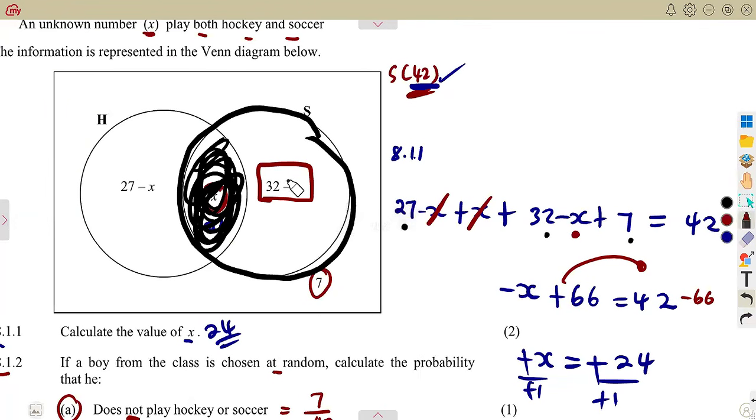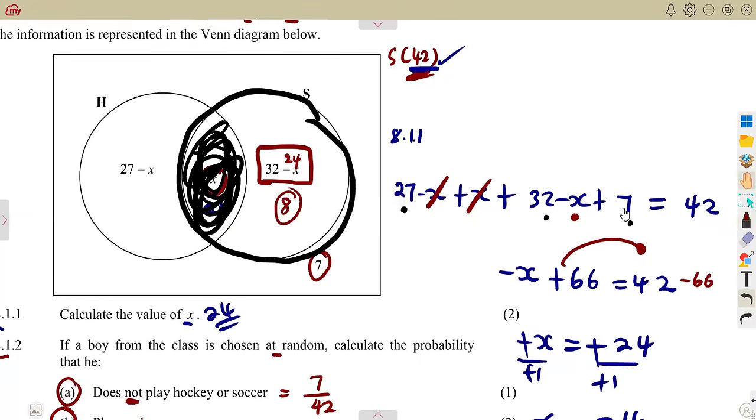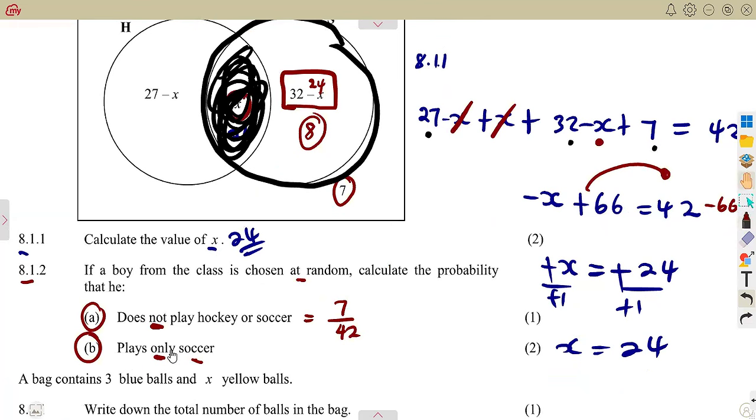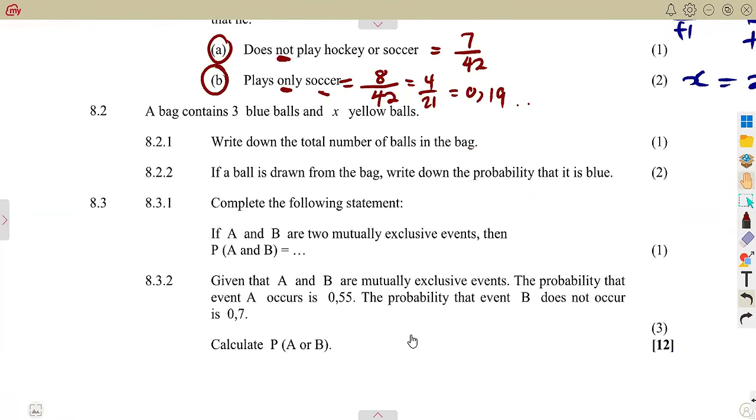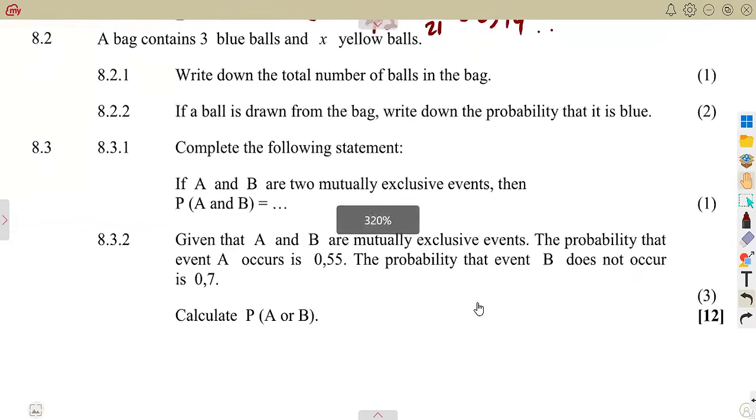So that is 32 minus 24, which is going to give us 8. So those who play soccer only, it's only 8 that we have there. These ones are 8 out of the total number of 42. This can reduce to 4 over 21. You can also write it as a decimal 0.19, depending on what you're given, but they were not given any instruction. You can also write it as a percentage. It's up to you.